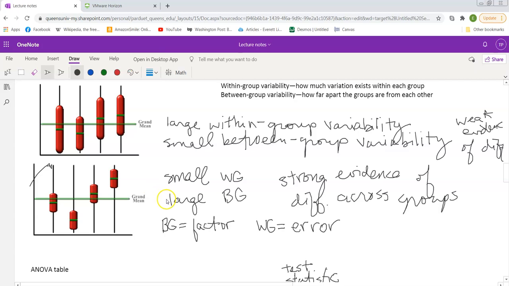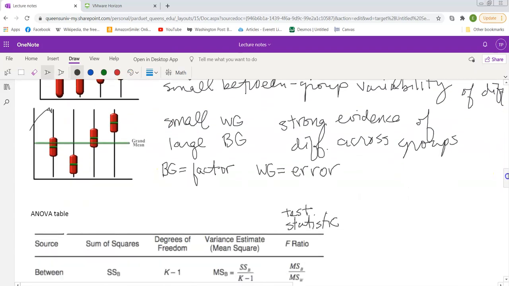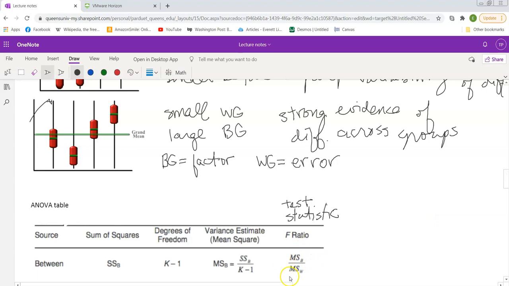What we hope to see is a large between group variability and a small within group variability. So this F ratio is actually the ratio of the estimate of the variance between groups to within groups.